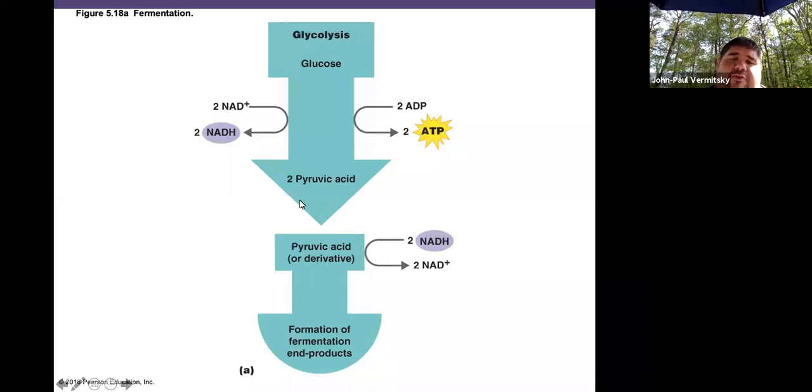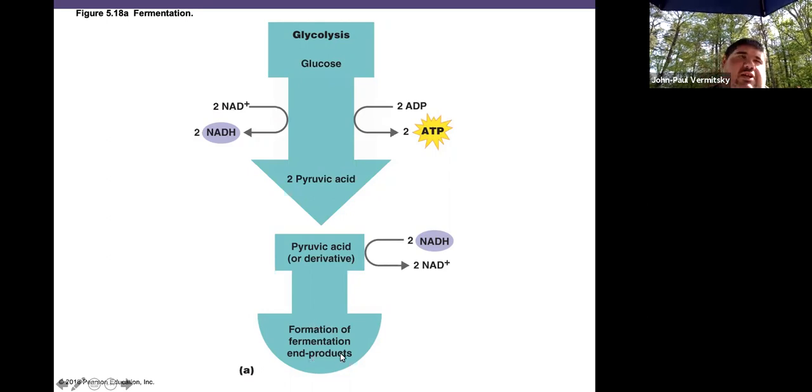Now what's going to happen under fermentation is you're going to take these 2 NADHs, as you can see here. They're going to release their electrons back into pyruvic acid, forming NAD, which then can go back and be reused by glycolysis. So it's going to shuttle back and forth between the two. The pyruvic acid will then be converted to some type of fermentation end product.